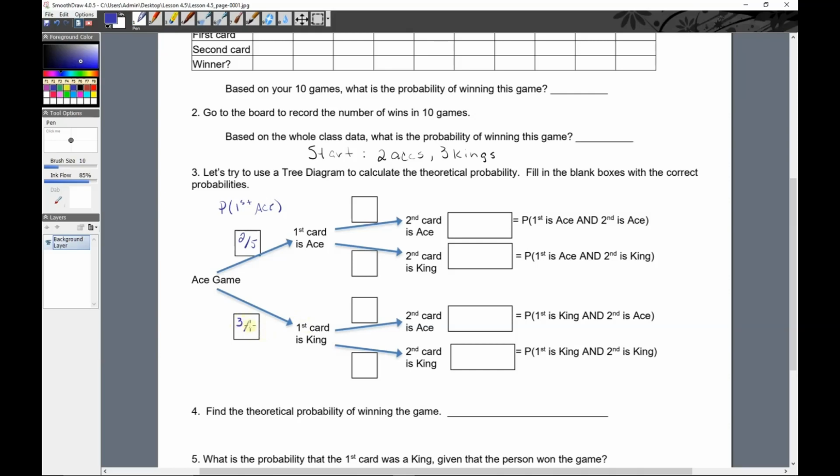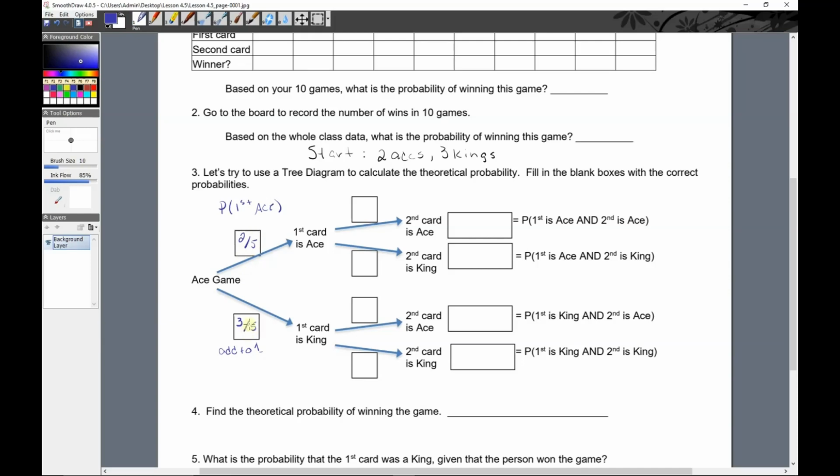So that'll be 3 out of 5. And you notice that you either get an ace or you don't. And that's the entire sample space for just looking at aces on the first draw. So these add to 1. This and this. All right, so there's your first card with its probabilities.